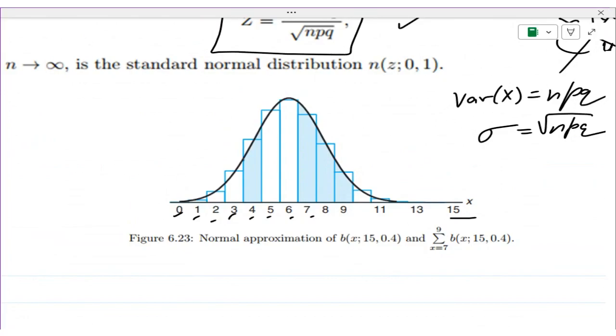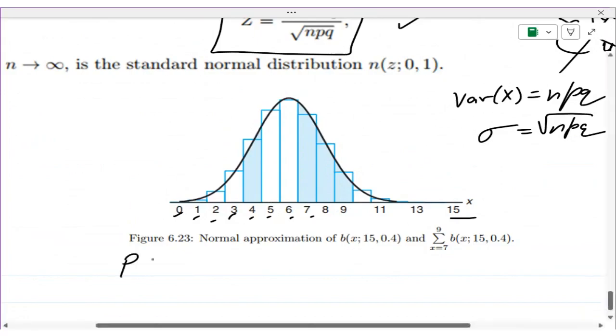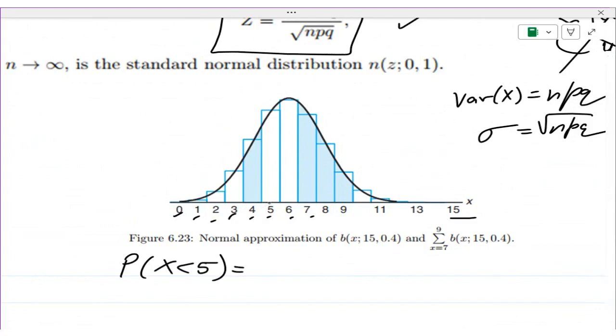Suppose you are asked to find the probability of less than 5 successes, the probability of x less than 5. What you will do is this: 5 does not mean 5 now. 5 will mean 4.5 to 5.5.